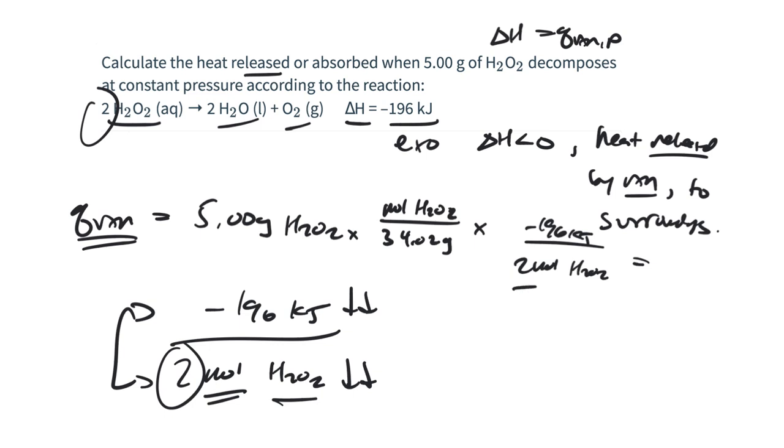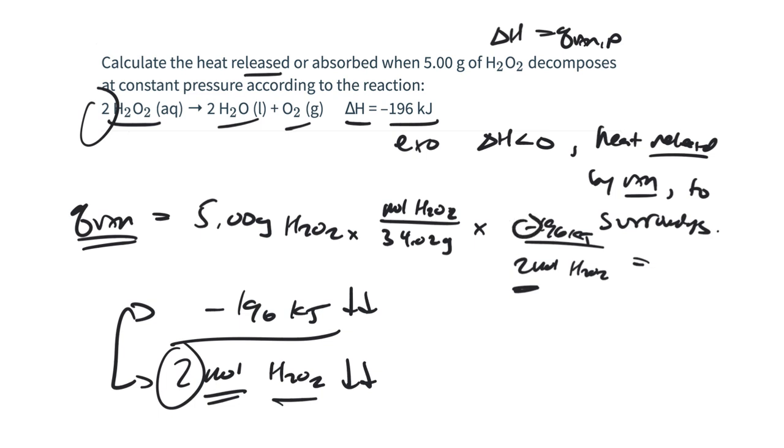But this too is easy to miss. It's really easy to do this conversion to moles of H2O2, then just multiply by 196. We have to divide by 2, for every 2 moles of H2O2 that reacts. So you go 5, divide by 34.02, times negative 196, divide by 2.